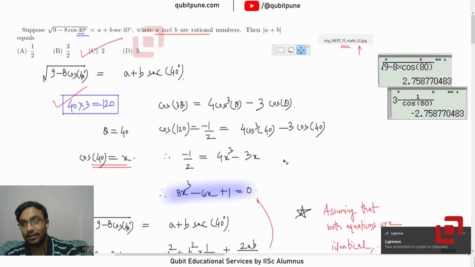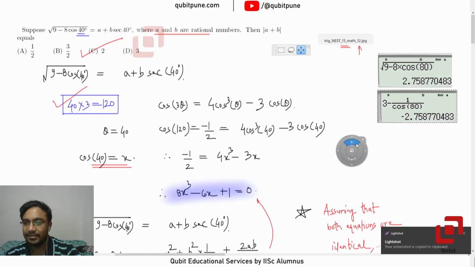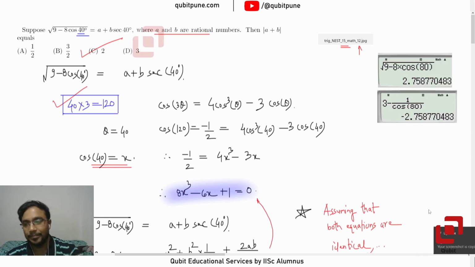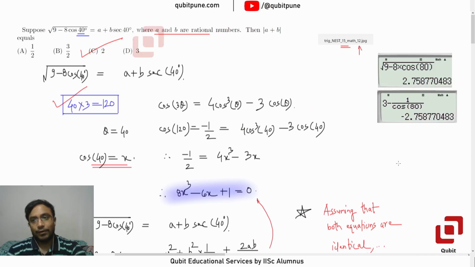So for that, again there are two pairs, as it was the case for 40, and here it's pretty clear now that it's negative, so A will be negative 3 and B will be 1.